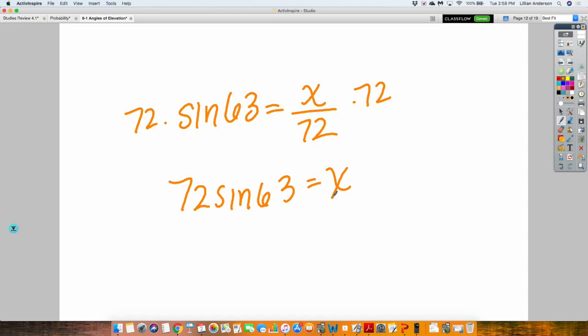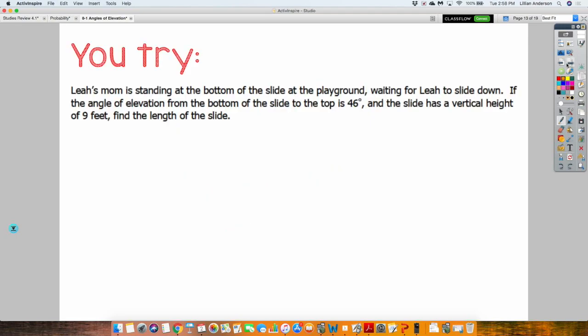You do 63 sine times 72. Because we haven't had one like this yet. These are actually the easier ones when the variable's in the numerator versus the denominator. Can everybody just type this in so that I have the reassurance that you know how to type this in? What's the answer? 64.2. Good stuff.